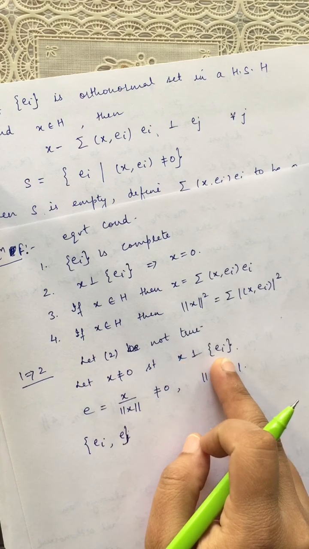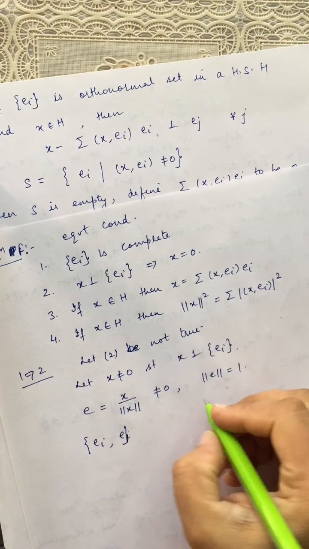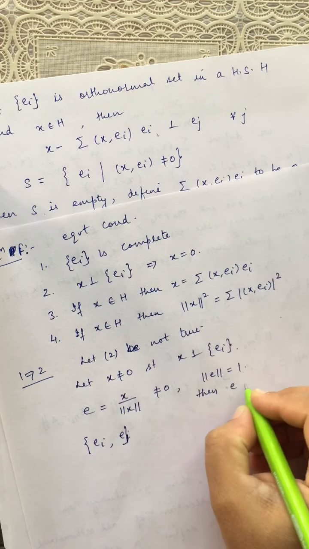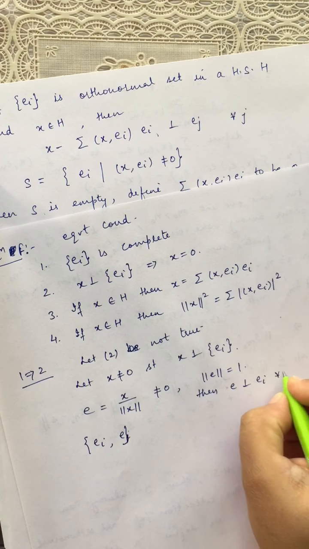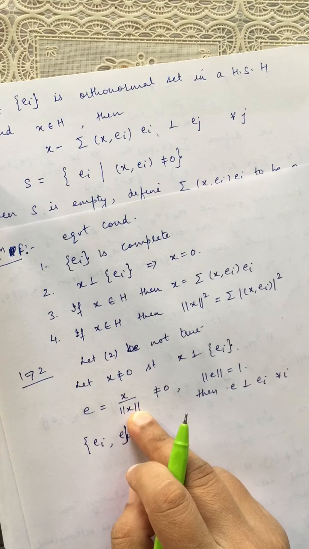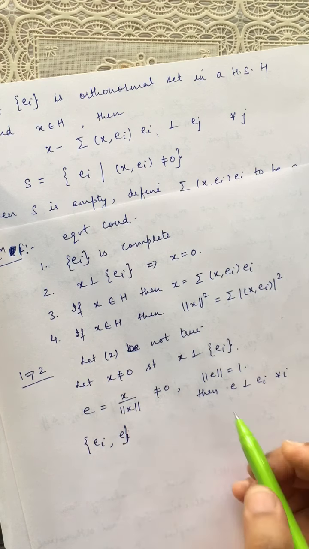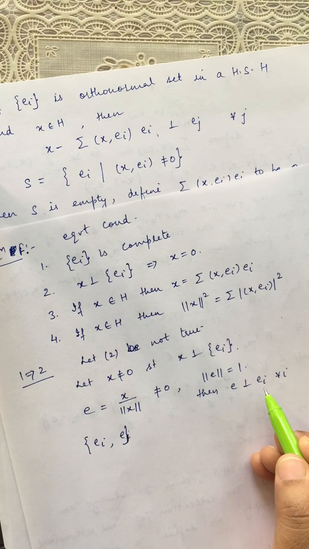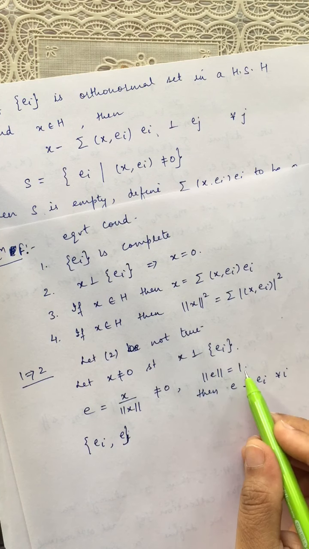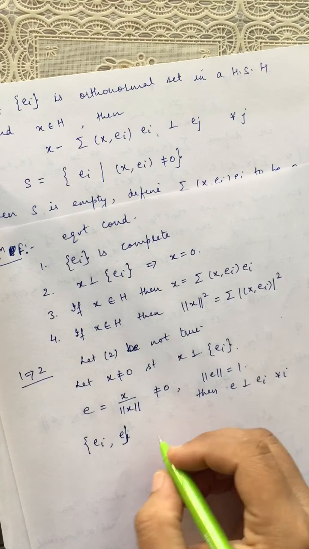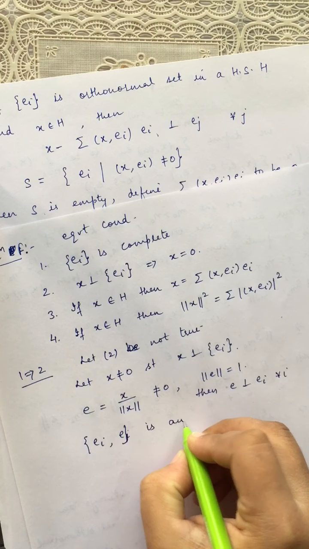Because X is perpendicular to all EIs, then E will be perpendicular to EI for all I, because E is just X divided by its norm. So E is perpendicular to all the EIs and norm of E is 1. So this is still an orthonormal set.